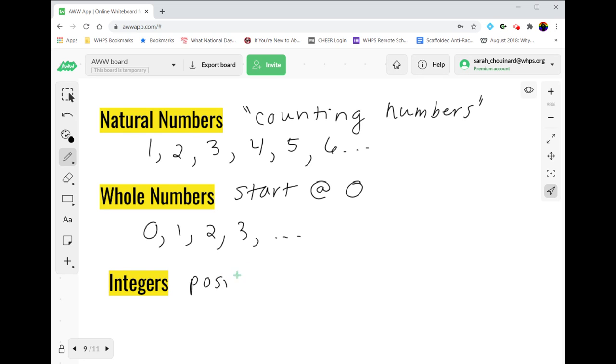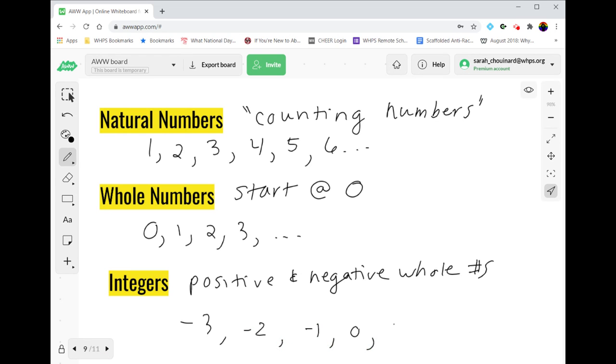Integers are positive and negative whole numbers: -3, -2, -1, 0, 1, 2, 3, in both directions towards negative infinity and positive infinity. None of these have fractions or decimals included in them.